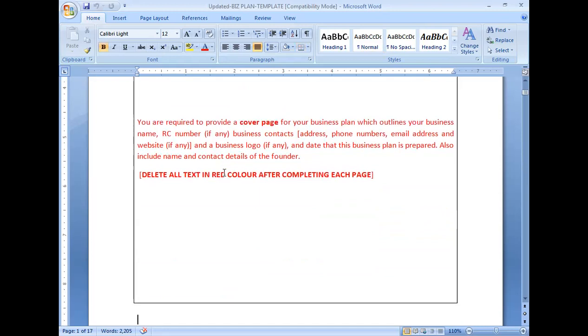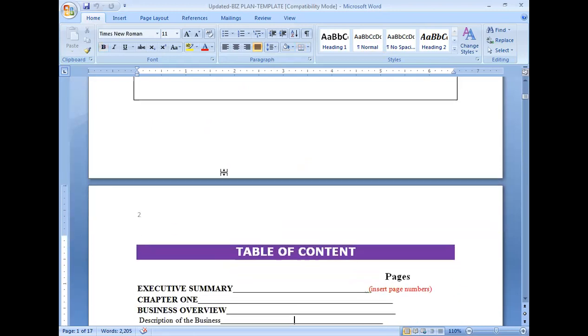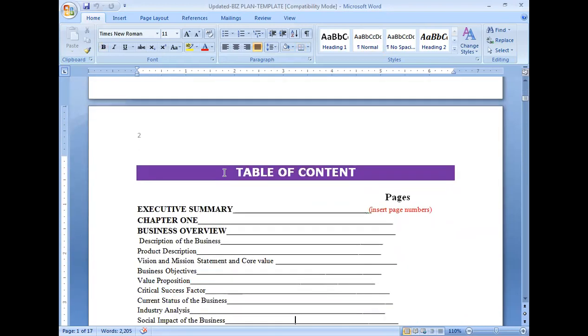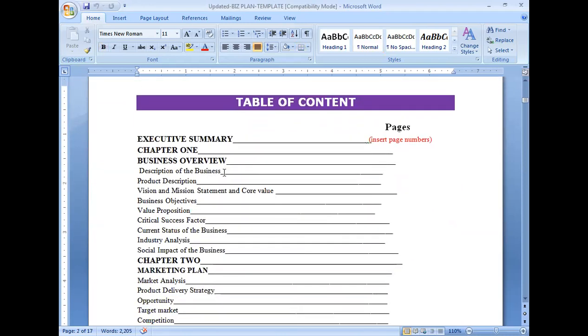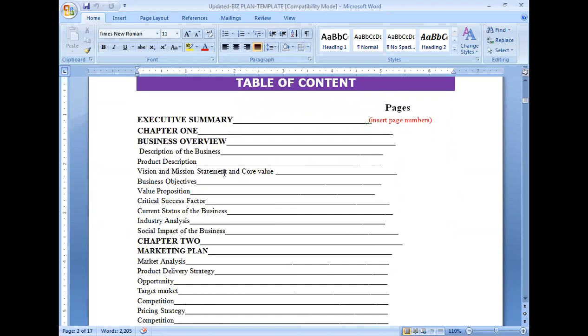Okay. So having done that, the next page, page 2, is the table of content. For the table of content, you have to work on it last, after completing the business plan writing. All you need to do is extract the page numbers of each of the headings and add them to the table of content.